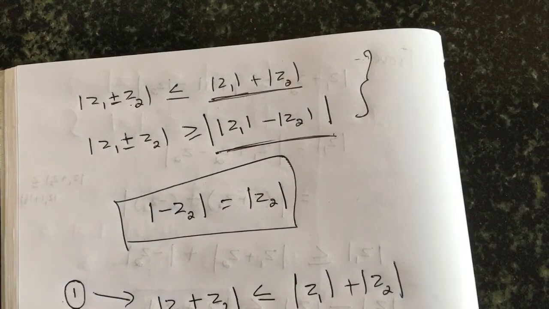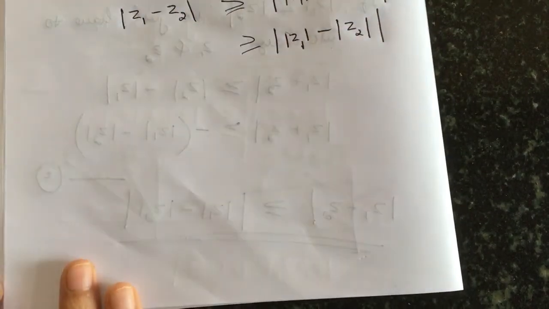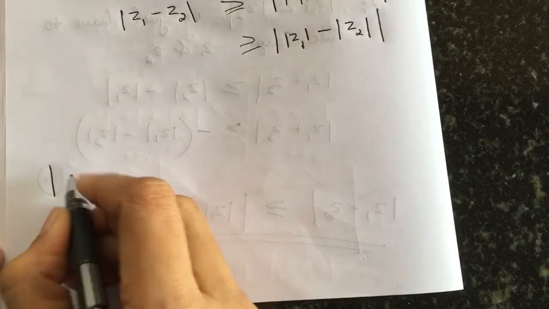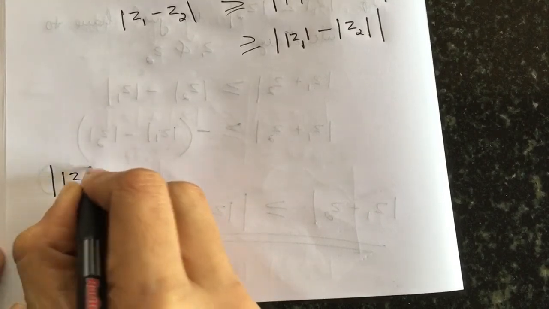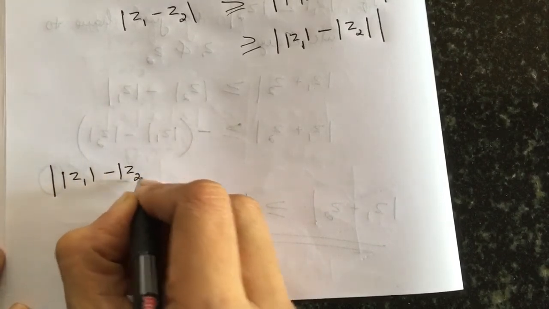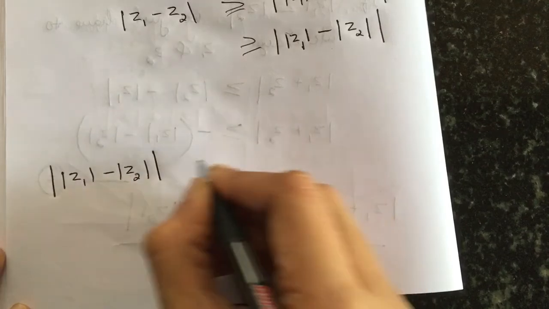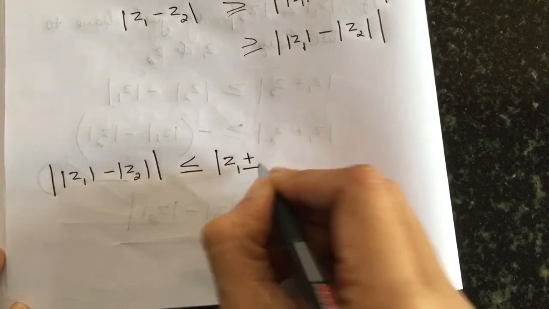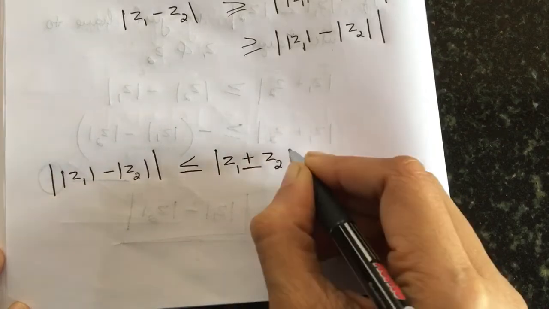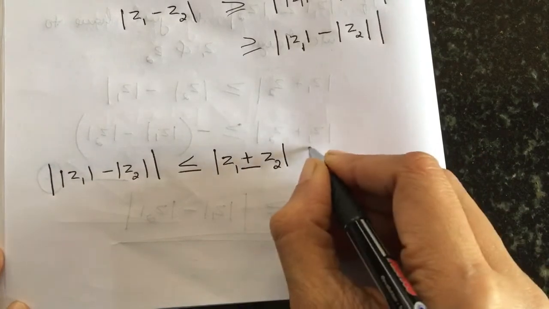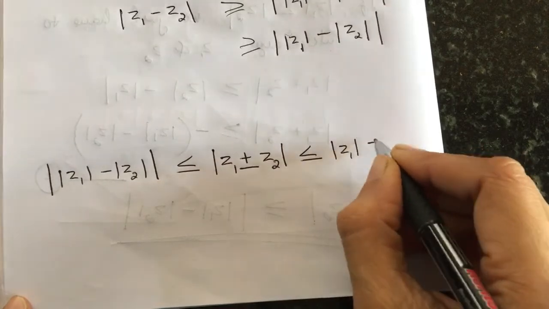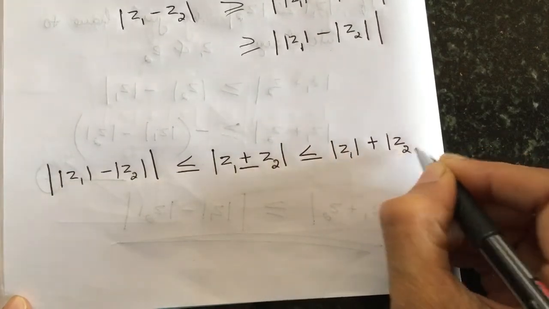So from all this together, I can directly write the lower bound first, mod z1 minus mod z2. This will be the lower bound for the modulus of complex number z1 plus or minus z2, and the upper bound is mod z1 plus mod z2.